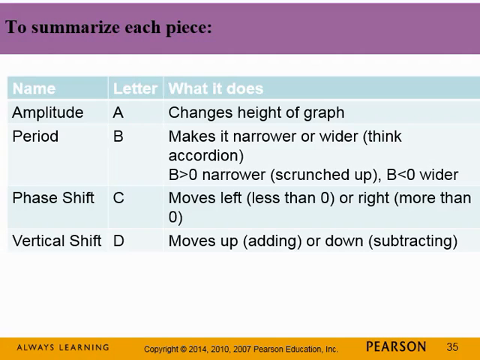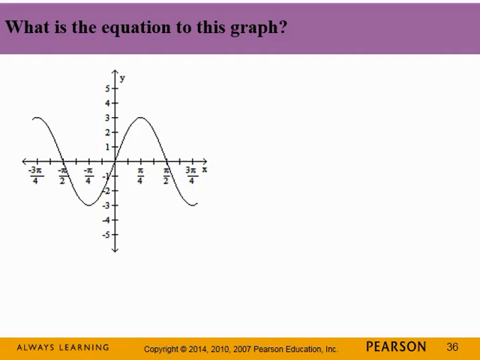So the next piece we're going to look at is you are going to be given a graph and you want to make your equation off of it. So if we look at this graph, you want to think, is it sine or cosine? Since this graph does in fact start at 0, we're going to say it's a sine graph.